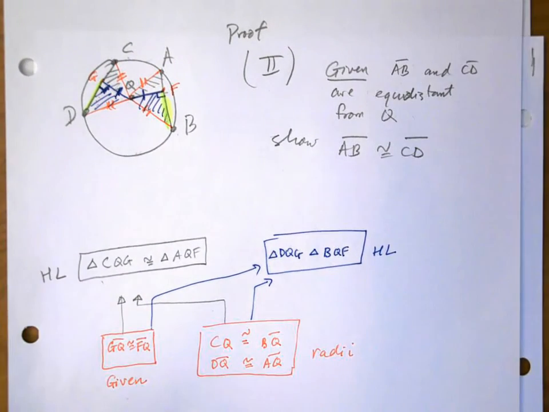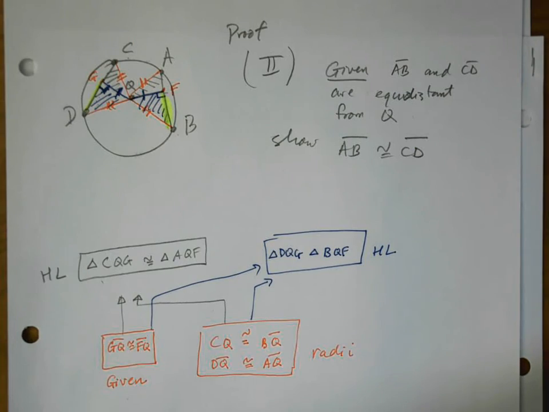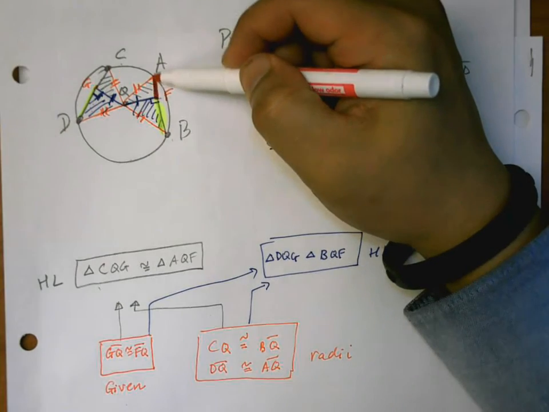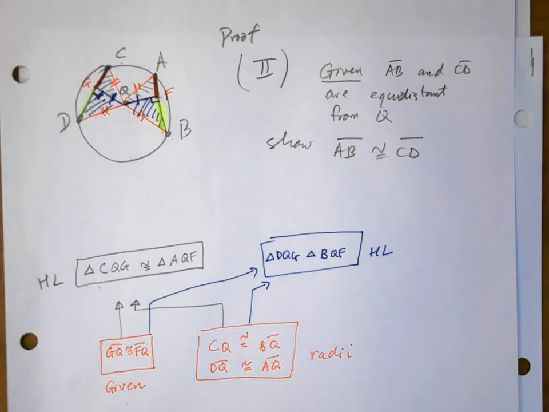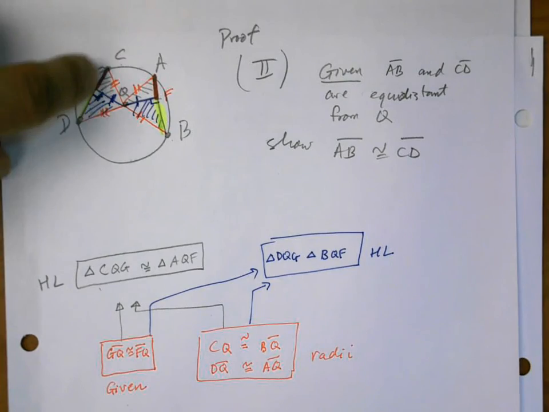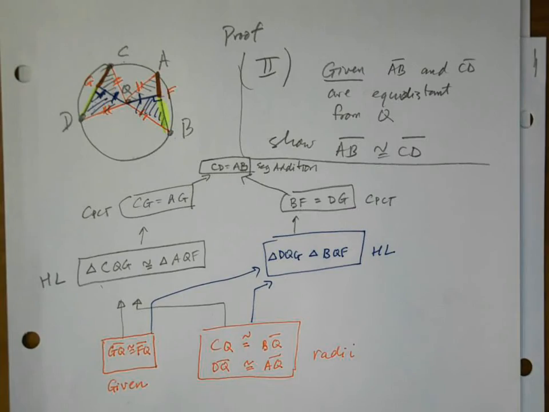The 2 yellow lengths are equal. And not only that, but of course these lengths here must also be equal. So this length and this length here are also equal. Okay? Both by CPCTC. So then we can complete the proof and say that CD is equal to AB.